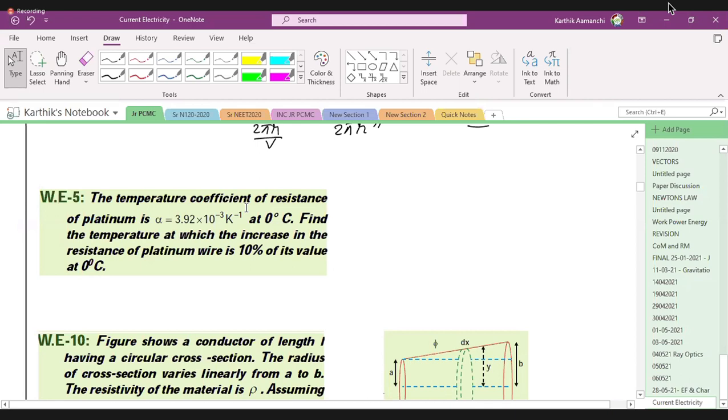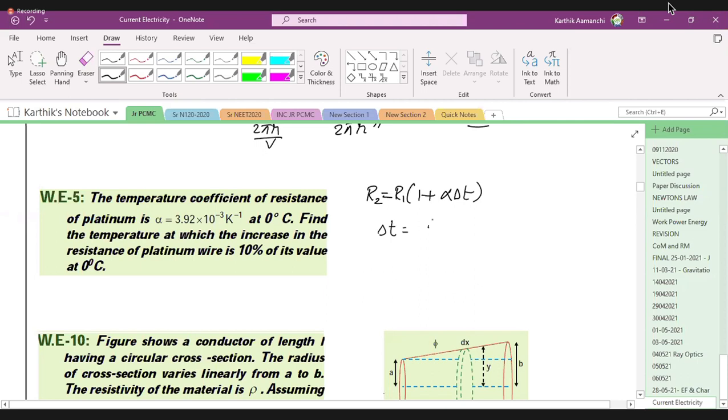What's your answer? The temperature coefficient, 25 degrees Celsius, approximately 25.5. Okay. The temperature coefficient of resistance is given at 0 degrees Celsius. Find the temperature at which the increase in the resistance of platinum wire is 10% of its 0 degree Celsius resistance. So R2 is equal to R1 into 1 plus alpha delta T, isn't it?